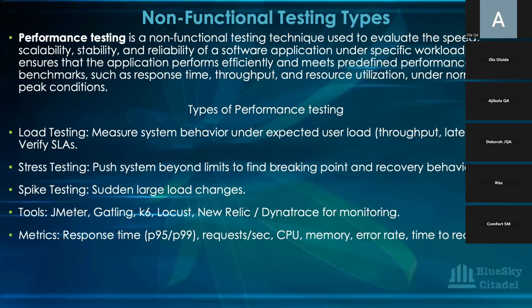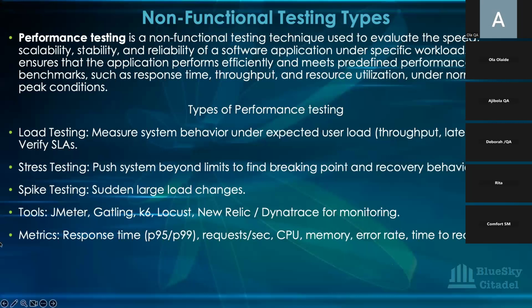Sorry, so we also have metrics, which deal with the response time, P95, P99, requests per second, CPU, memory, error rate, and time to recover. Those are the metrics we use in performance testing.